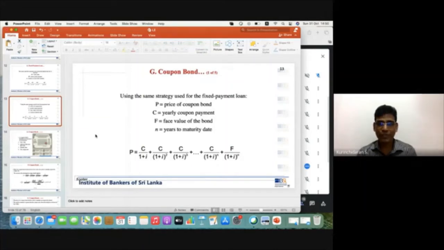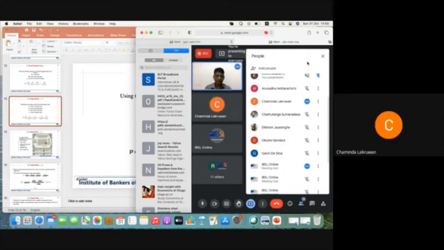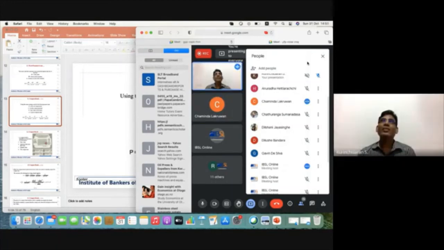If you are going to invest in a treasury bond, when you say coupon, they are indirectly paying interest to you.